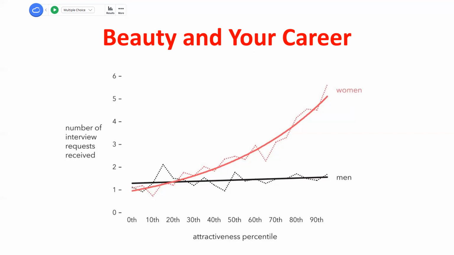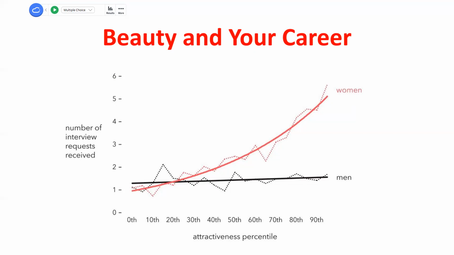So ahead of time, they showed a couple hundred people these photos and had them rank every single person's attractiveness. They then put them into percentiles, so they figured out which percentile of beauty each of these photos was in, relative to the people they were surveying.